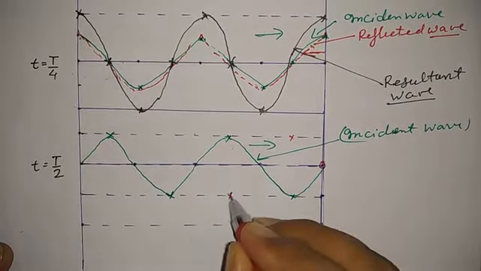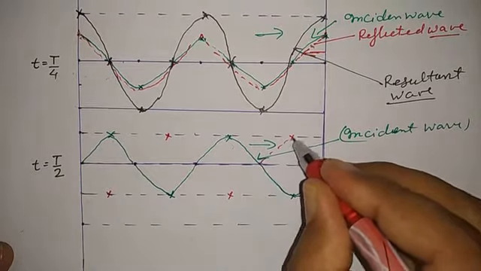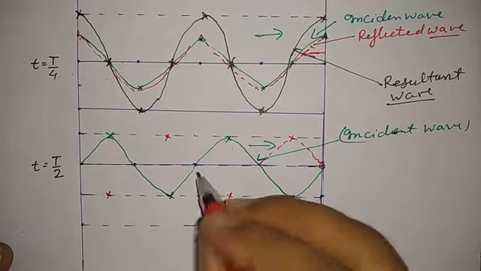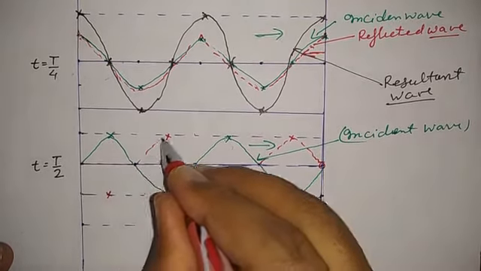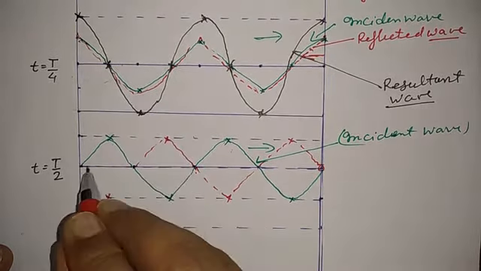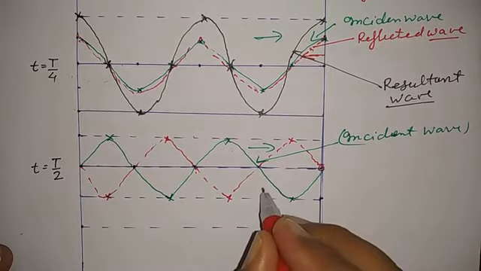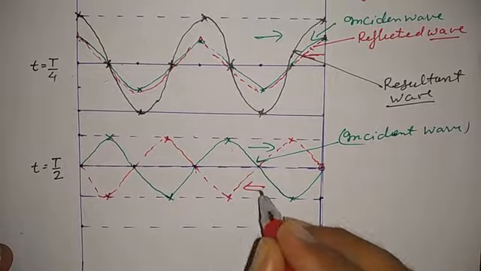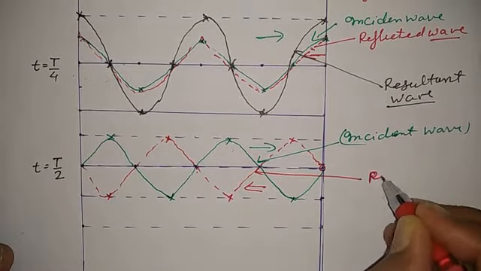See the peak values opposite to the incident. This is the incident wave, a reflected wave traveling in this direction. What is this? A reflected wave.